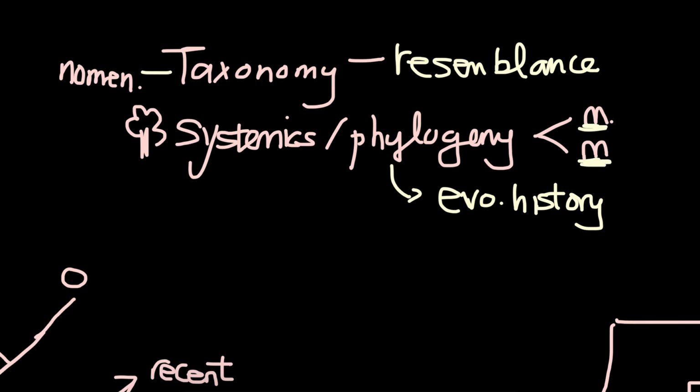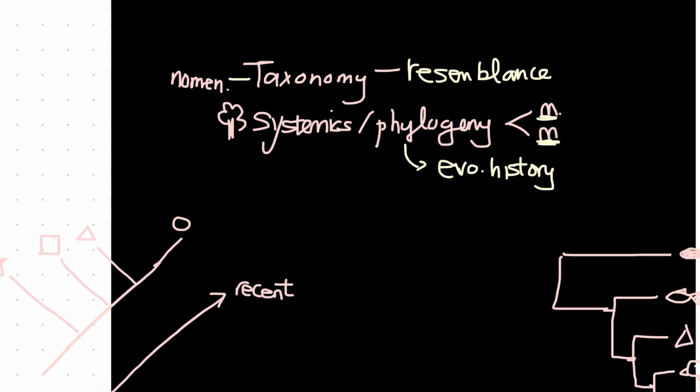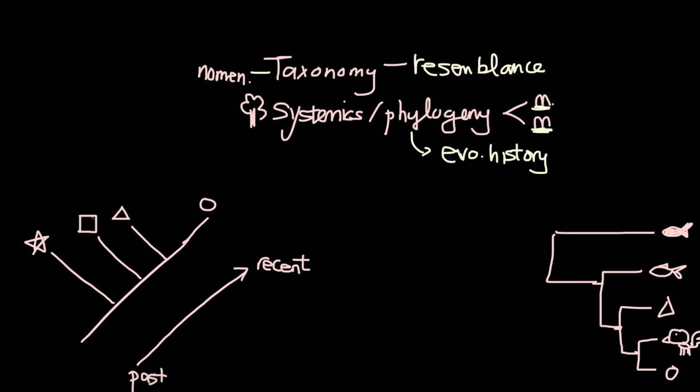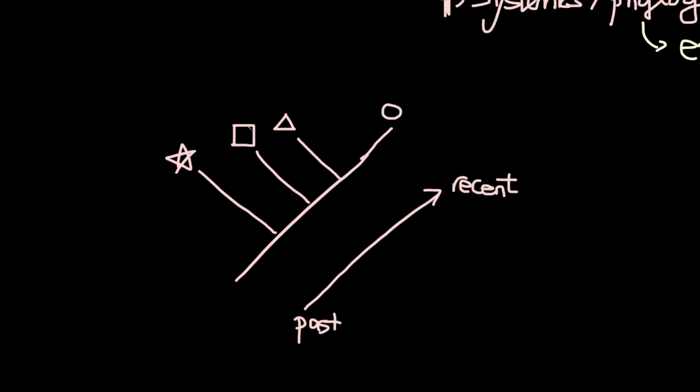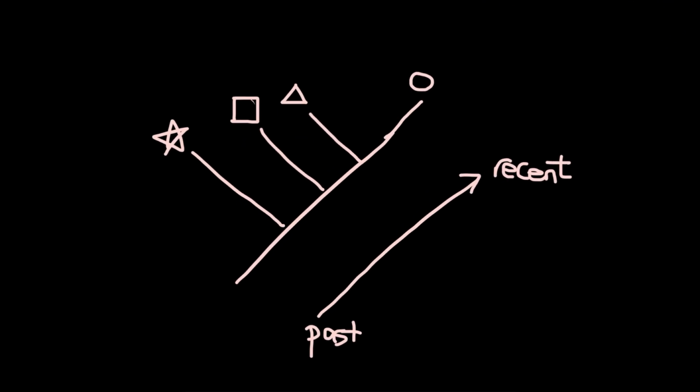So molecular data is really driving phylogeny. And phylo means tree, and tax means arrange. Onomy means knowledge, in case your class talks about etymology.